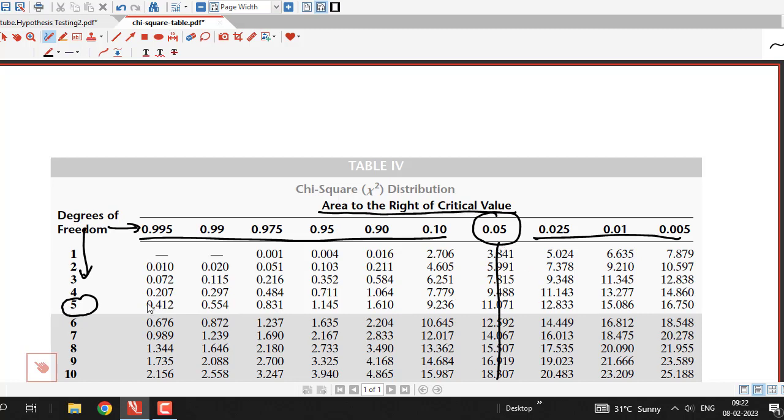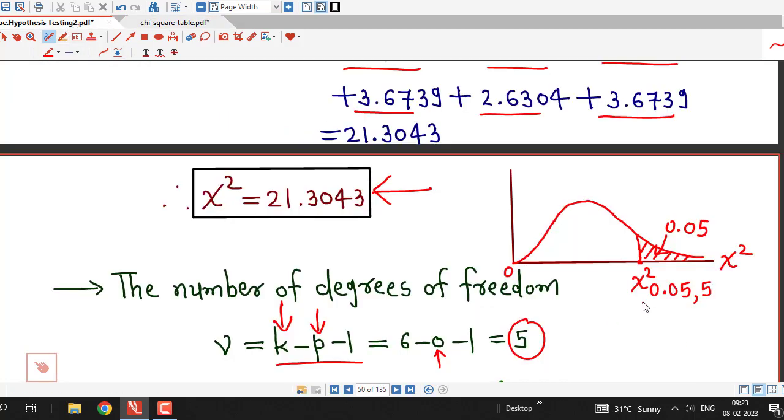So we consider the intersection of this row and column corresponding to 0.05, and this point at the intersection is our required critical value, and it is 11.071. The value of chi-square at alpha equal to 0.05 level of significance and 5 degrees of freedom is 11.071.